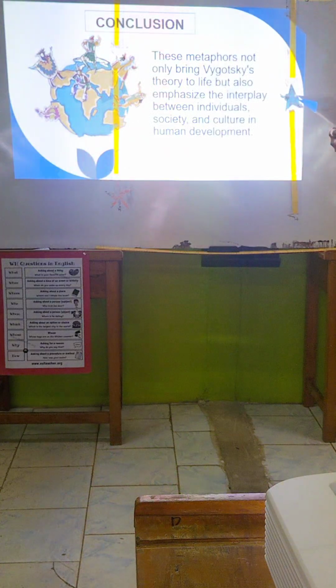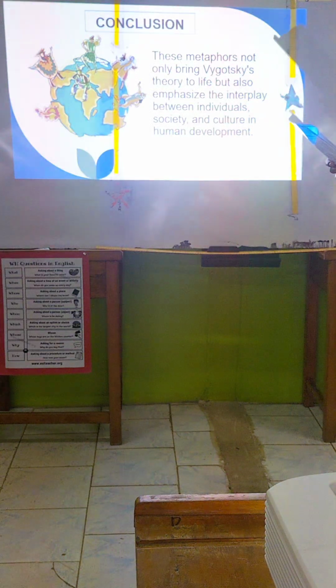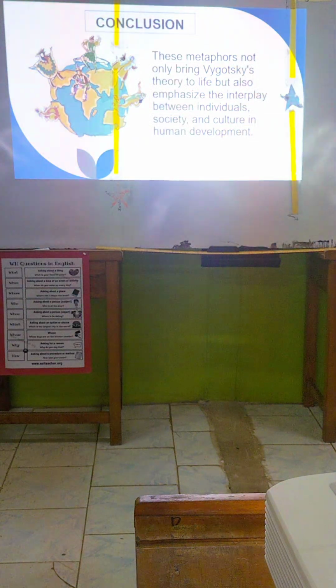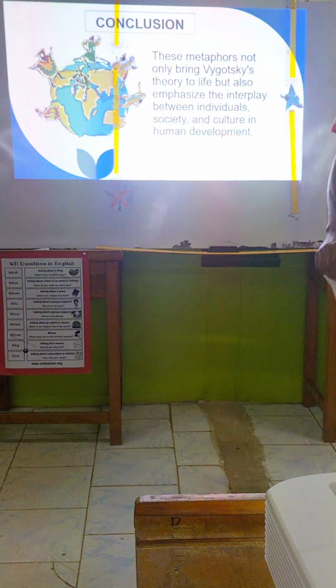The coconut tree metaphor illustrates how these elements intertwine, supporting and nurturing children's growth into well-rounded individuals capable of thriving in their communities. This metaphoric slide of the coconut tree effectively communicates the critical role of social interaction and culture in early childhood development through the lens of Vygotsky's theory.